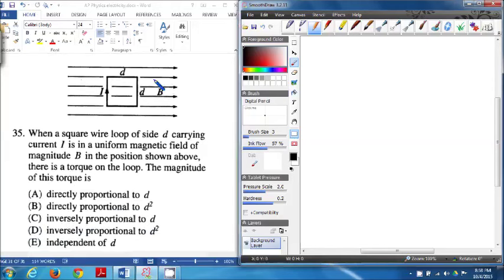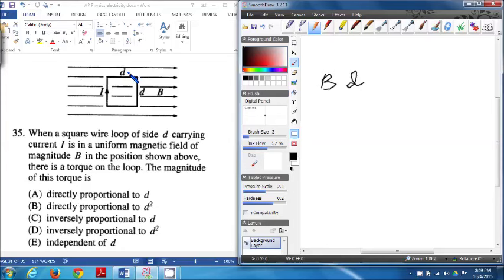The magnetic field acting on this segment doesn't give any force because they are parallel. The current flowing through this is parallel, whereas the current here is perpendicular to the magnetic field, so that gives a force, which is B into D. Then the torque: here the force is in one direction, here the force is in the opposite direction.